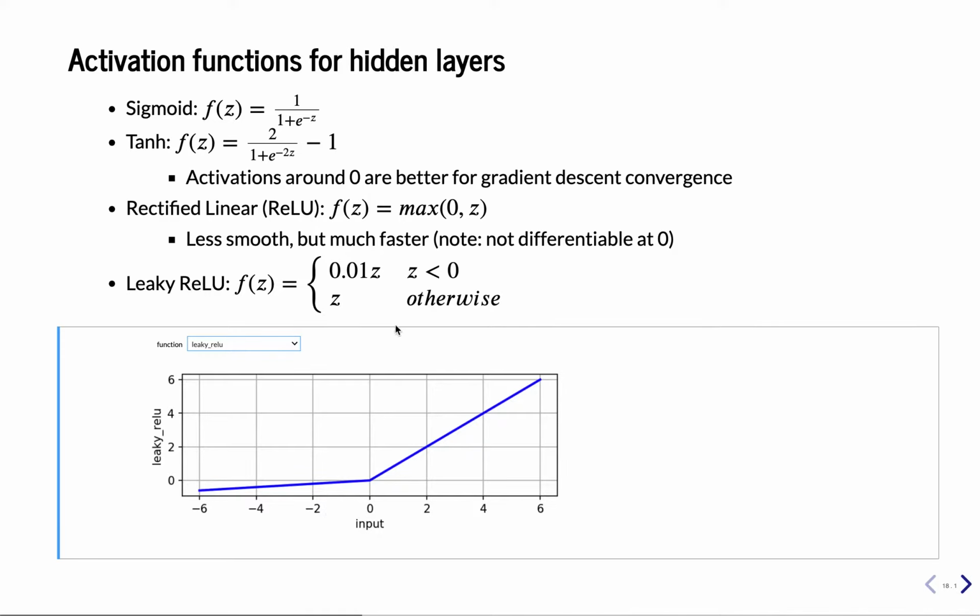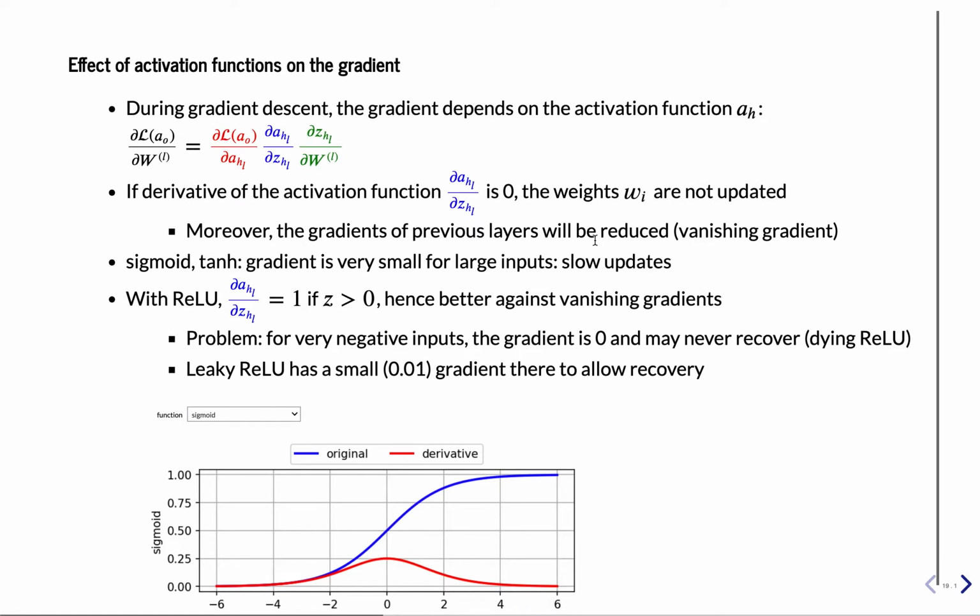Why is this interesting? We can really understand if you look at the effect it has on the gradients. So remember that during gradient descent, the gradients that we compute are the product of these 3 parts. So it's the remaining gradient in the network times the derivative of the activation function times the derivative of the inputs. Now this term in blue here means that the derivative of the activation function actually defines how large the gradients are in a network.